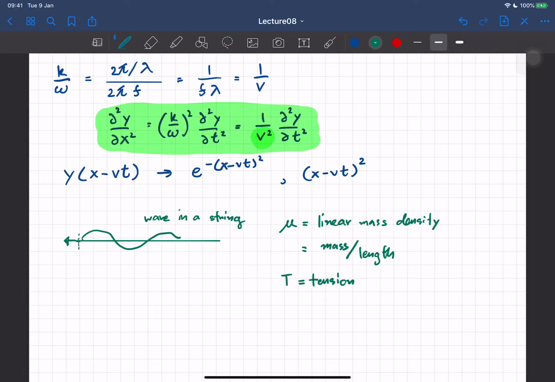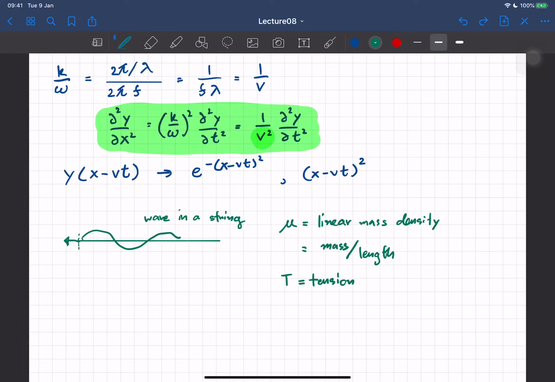Some of you probably know how to play guitar. The tension is essentially how you turn the knob at the top of the neck of the guitar to tighten the string. If you tighten it more, then you increase the tension, and the velocity of the wave will change.